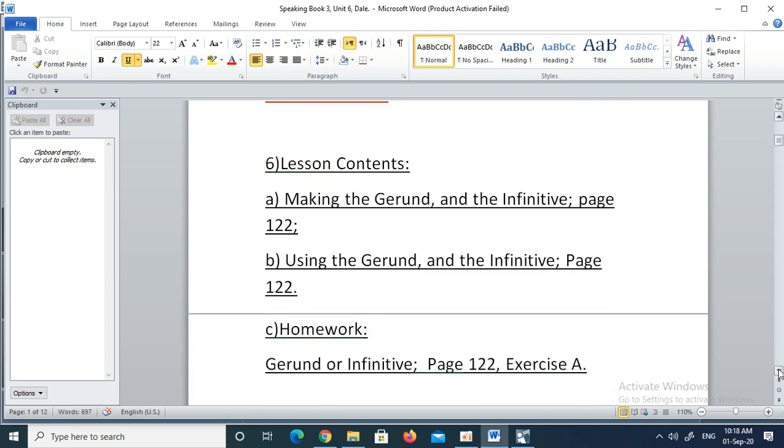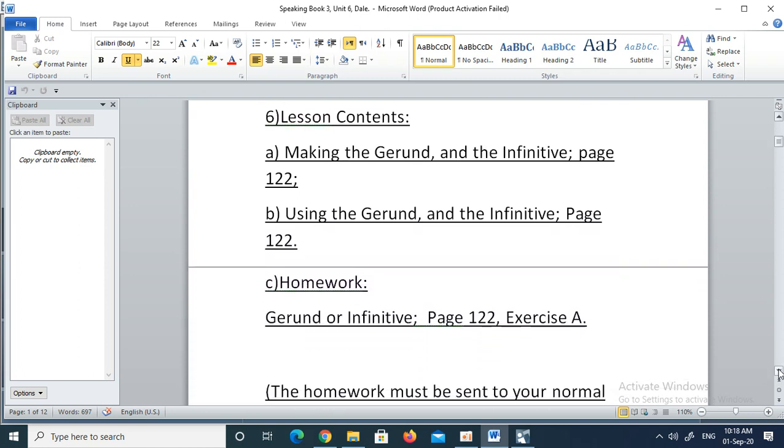Okay, our lesson contents for today are as follows: making the gerund and the infinitive on page 122, using the gerund and the infinitive on page 122, and our homework will be an exercise on the gerund or the infinitive, again from page 122, and it is exercise A.